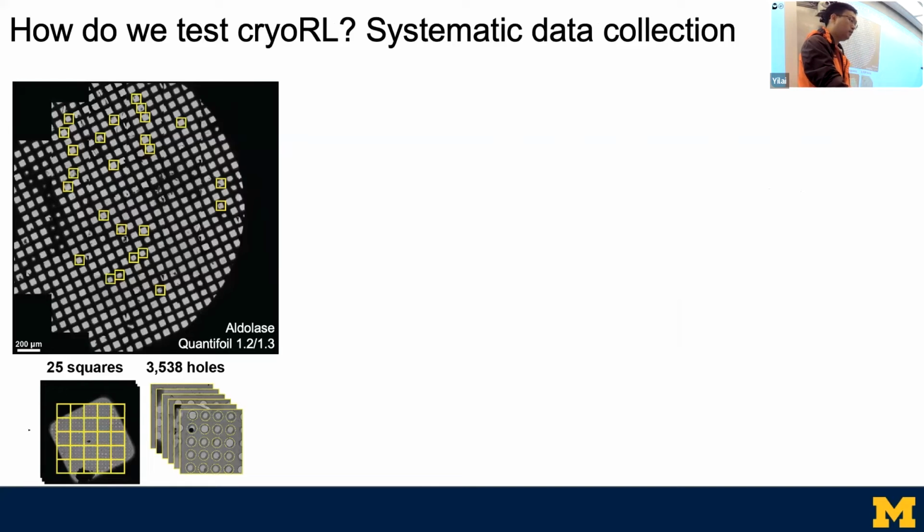For example, in this data set, we selected 25 squares and collected all the micrographs possible from all the holes in these 25 squares. So we end up with over 3,500 holes, and for each of the holes, we have a ground truth CTF resolution attached to each of them.